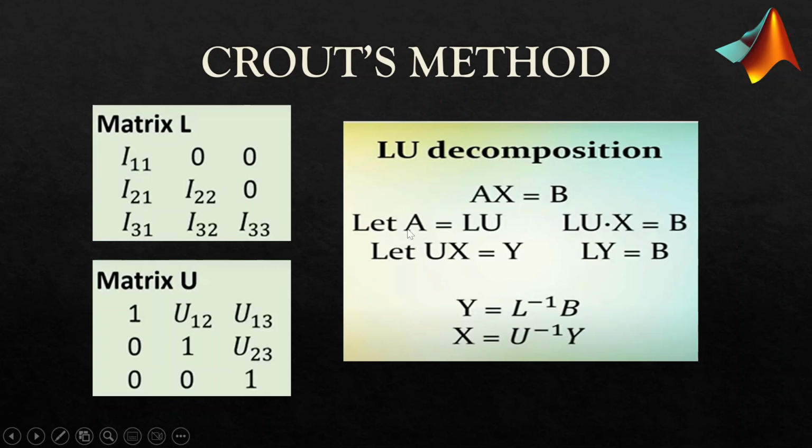So we will let A = LU, where matrix L is the lower triangular matrix of the given equation, while matrix U is the upper triangular matrix of the given equation. Letting A = LU yields LUx = b. Let Ux = y, and this yields Ly = b.